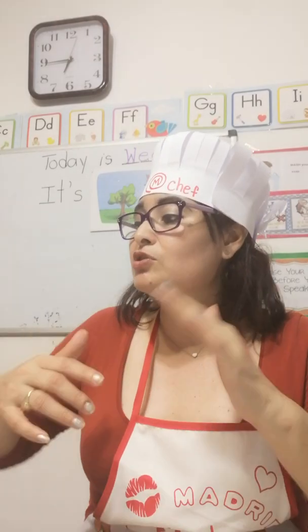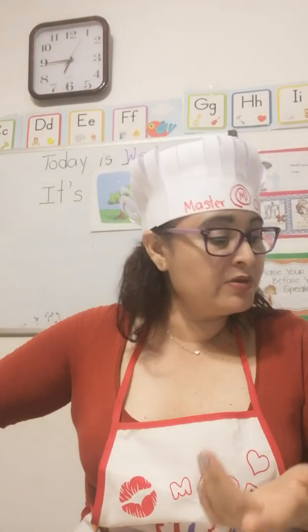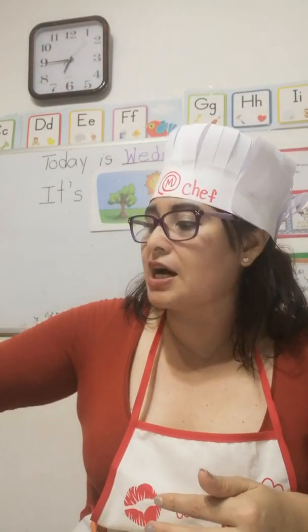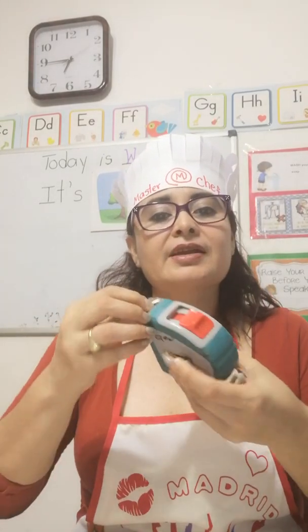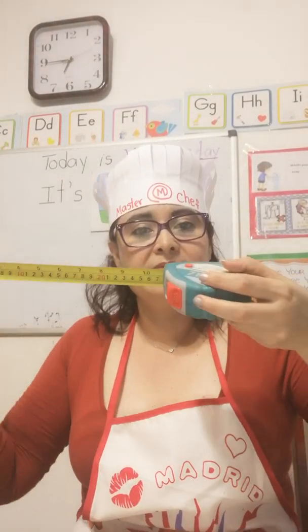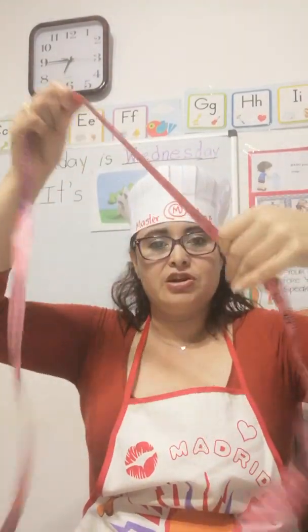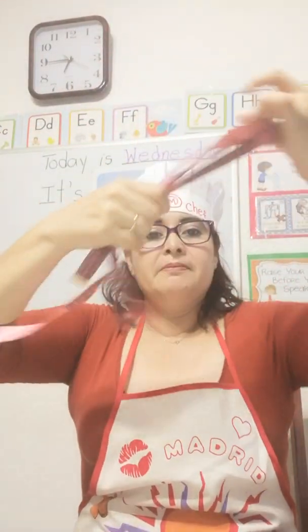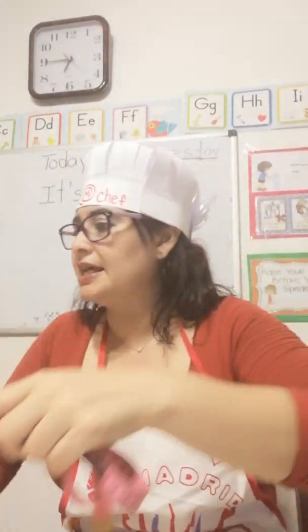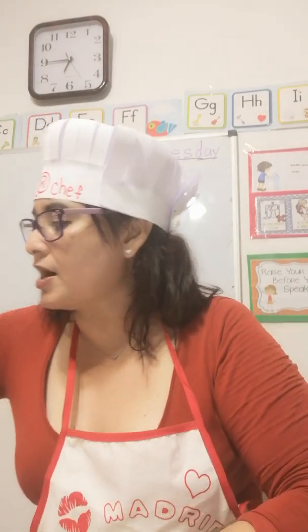For example, I'm going to show you some measuring tools that we previously studied. They are the tape measure. Remember the tape measure? We have another tape measure here. It is called in the same way, tape measure, but it is a little bit different than the previous one.